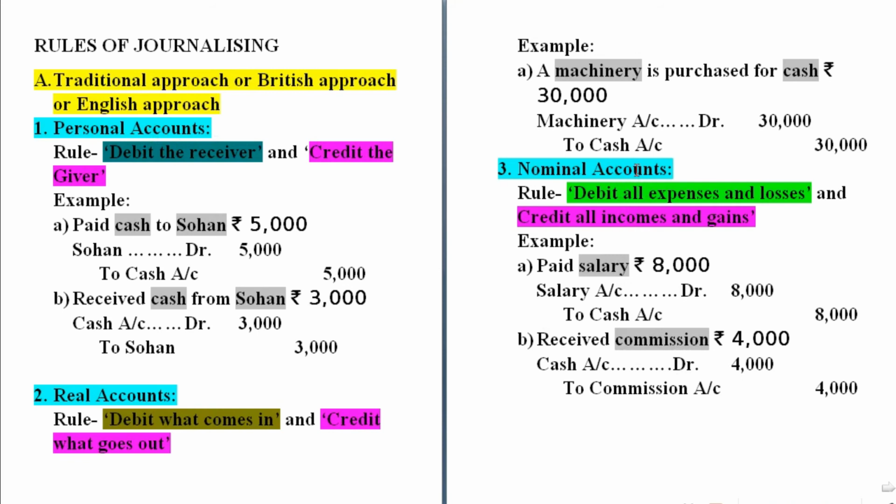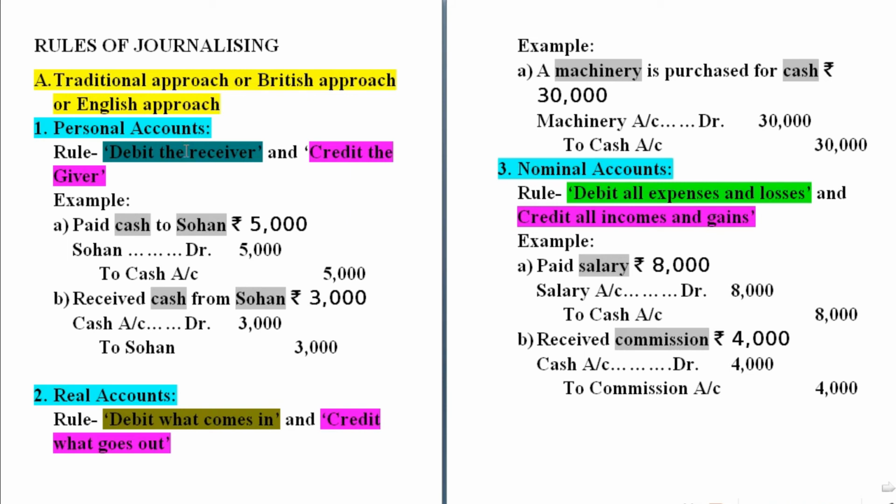If you're getting confused, you repeatedly see this. Whenever there is any word attached with salary, like outstanding, it becomes a representative personal account. Only salary, no outstanding word, it becomes nominal. Only insurance, it becomes nominal. Prepaid word attached or anything attached with it, it becomes personal.